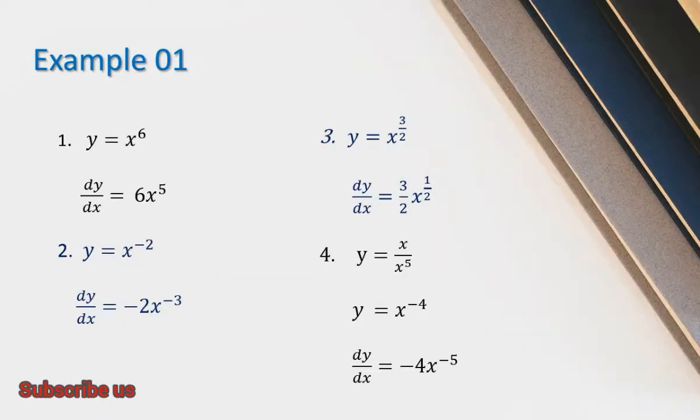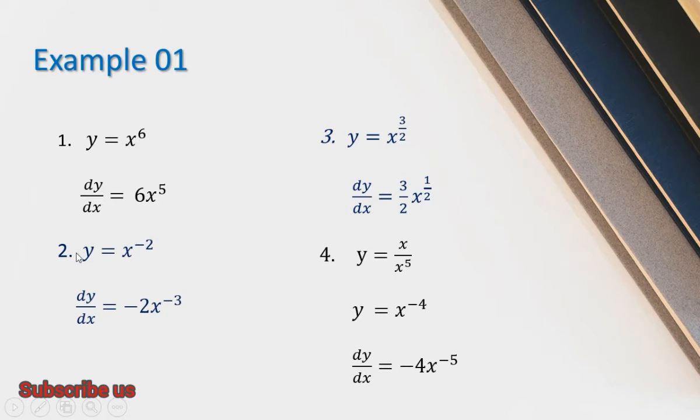Next, example number 1. y equals x to the power 6. Then we get dy by dx equals 6x to the power 5. Here, the power 6 is considered as the coefficient and the power is reduced from 6 to 5.